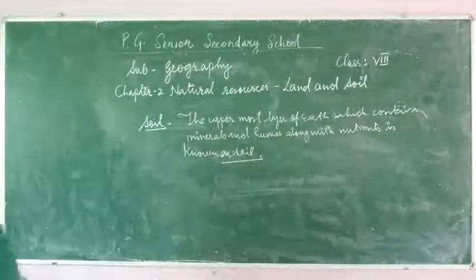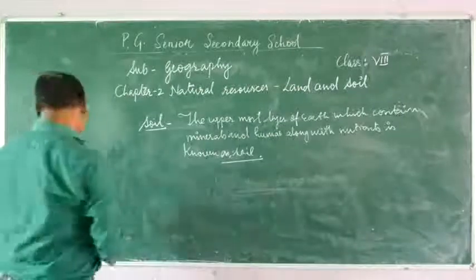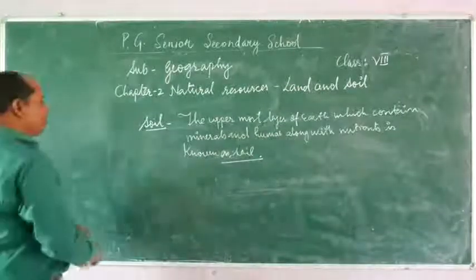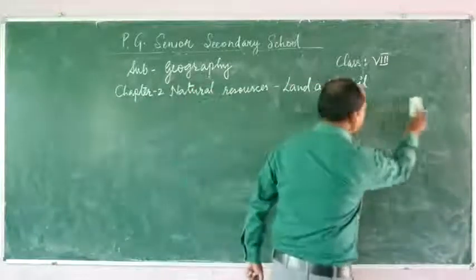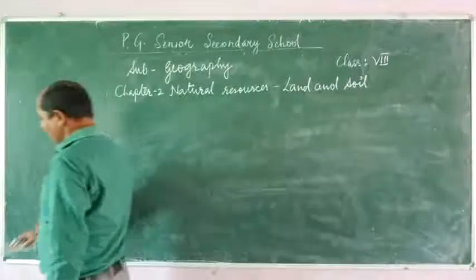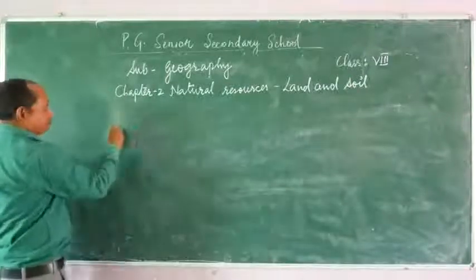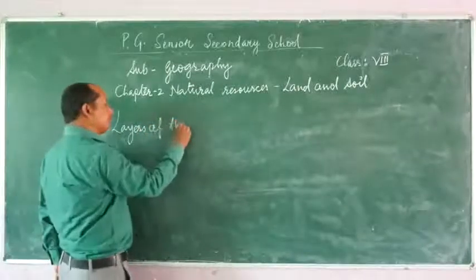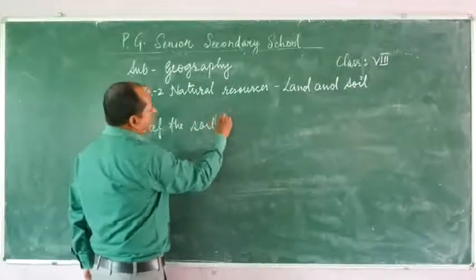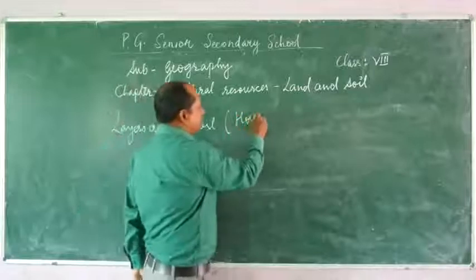So let us know about the various layers of the soil. Various layers of the soil are known as horizons. Layers of the soil means horizons.